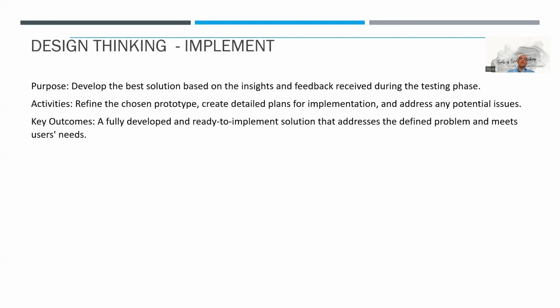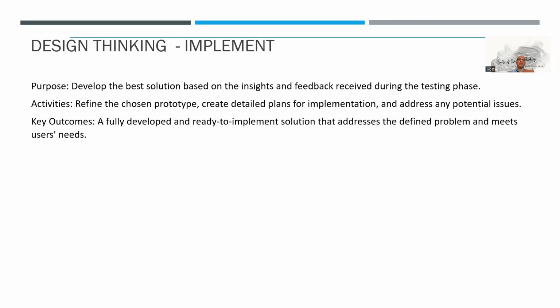Implement. Develop the best solution on the insight and feedback received during the testing phase. So this is where the prototype engulfs various attributes or functionalities which were either left out or discussed by the end user during the testing phase, and all the attributes are gathered and implemented in the prototype, and now in this phase it has been planned to roll out to production.